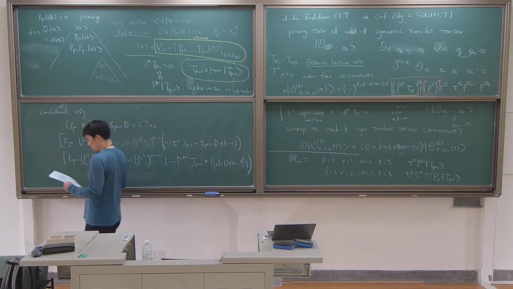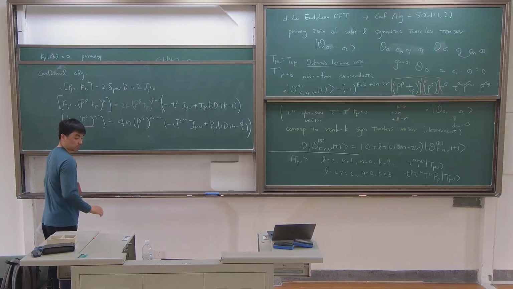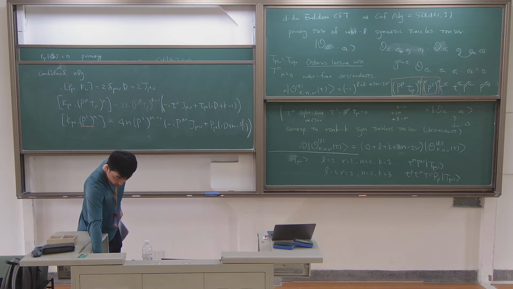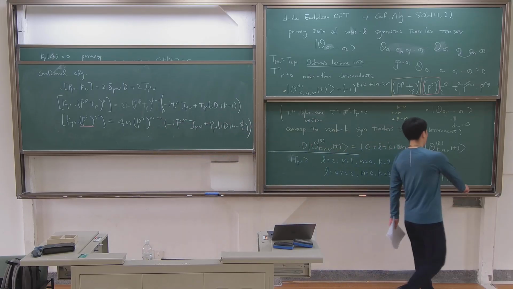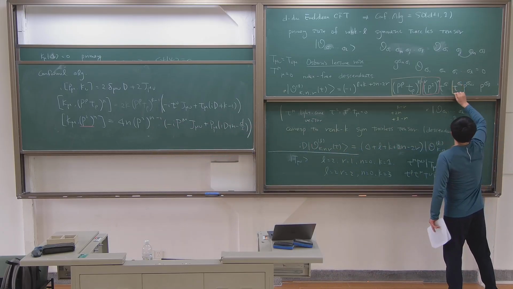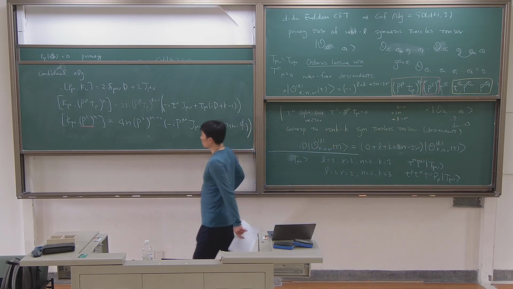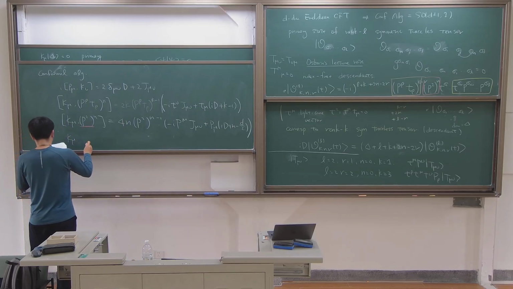Okay, and then the other thing that's left is of course this guy. What's left is this guy, and then to find a singular vector, you always need to find the commutation relation between these chunks.